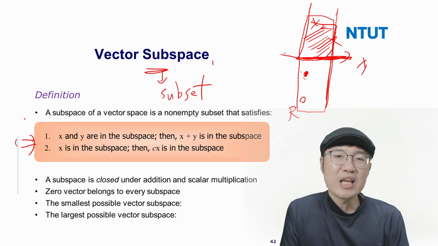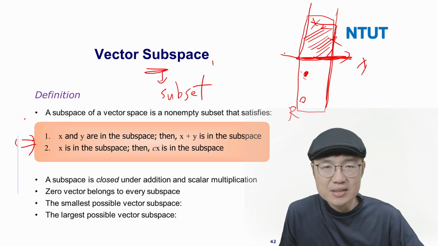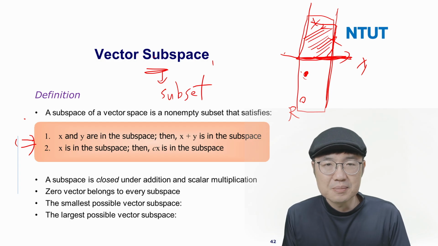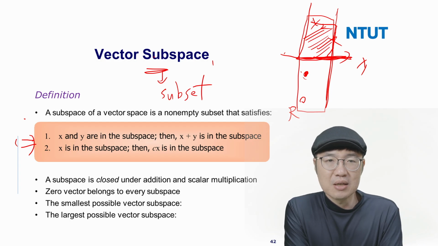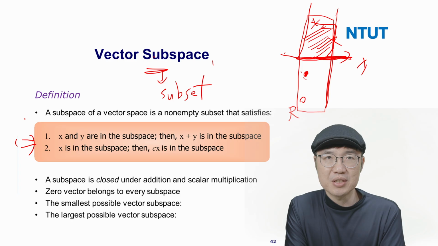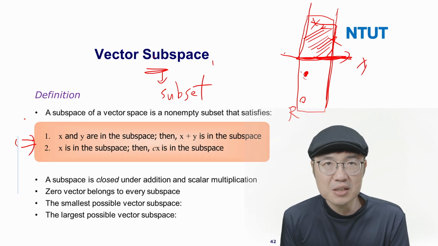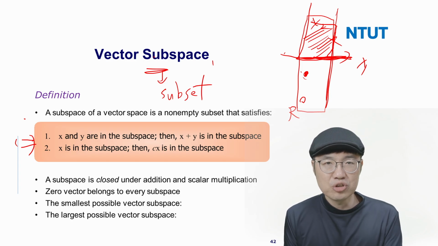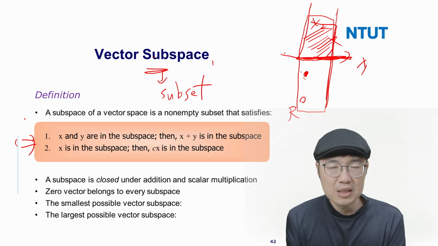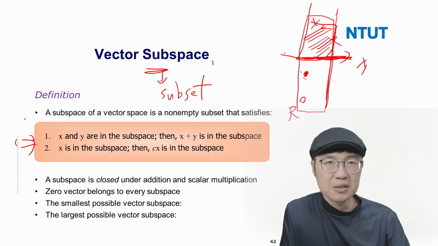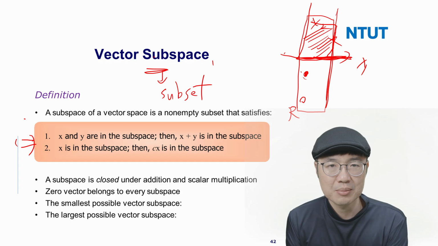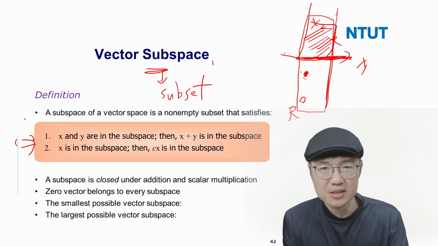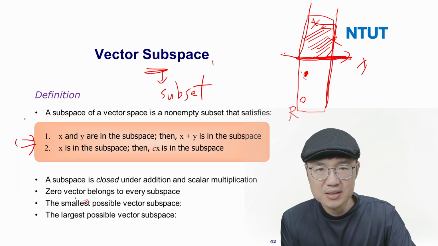It means if x and y are in the subspace, then their linear combination must also be in the subspace because they must fulfill the additive property and the homogeneous property. But we don't have to bother with the terms additive property or homogeneous property here. The thing is, let's observe the second property.